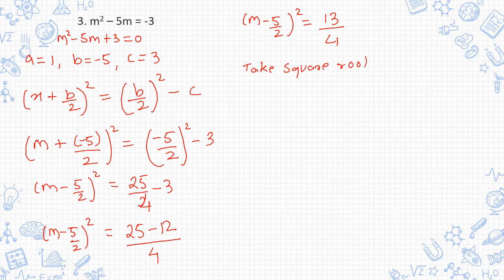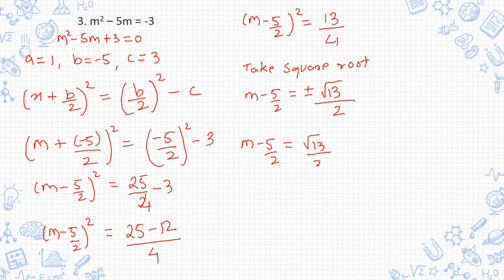Now we take square root on both the sides. So this will become m minus 5 upon 2 is equal to plus or minus root of 13 upon, and you know that square root of 4 will be 2. Now we'll just separate it. So you have m minus 5 upon 2 is equal to plus root 13 upon 2, or m minus 5 upon 2 will be equal to minus root 13 upon 2.